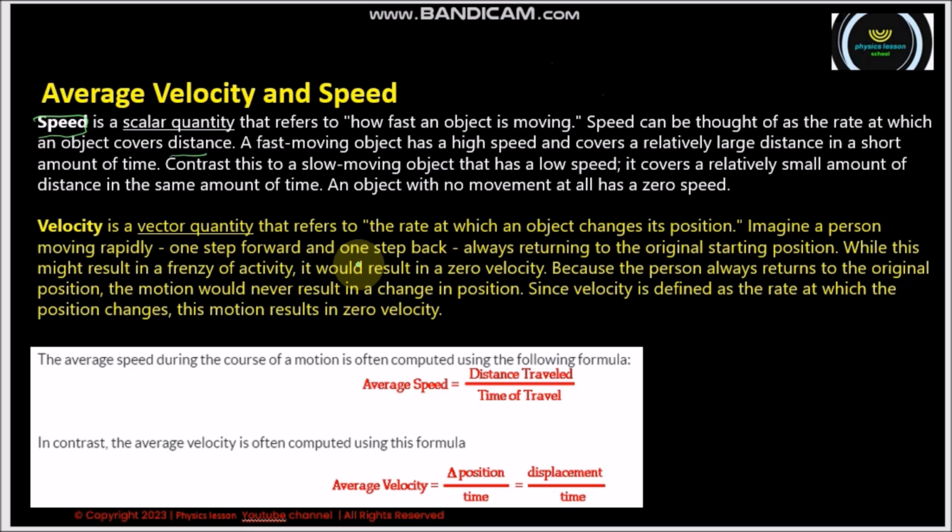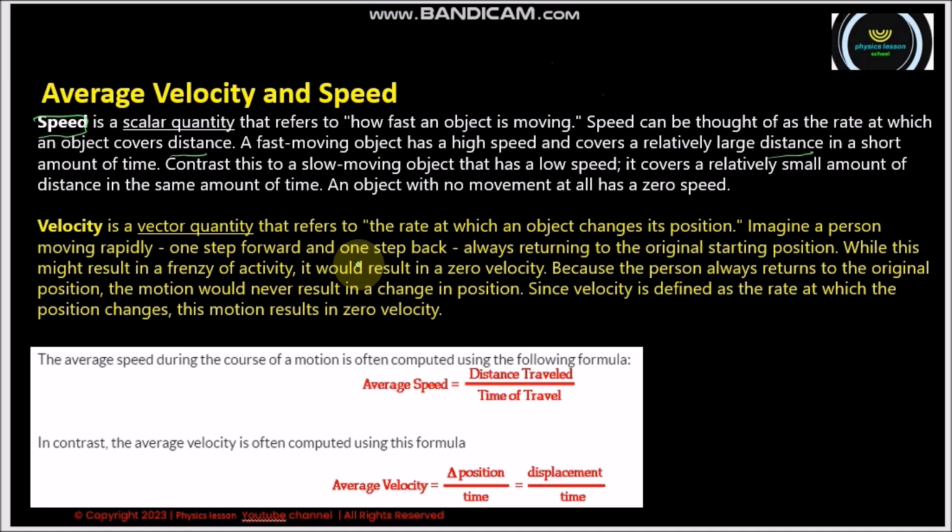A fast-moving object has high speed and covers a relatively large distance. It means if the speed is high, it covers a large distance.